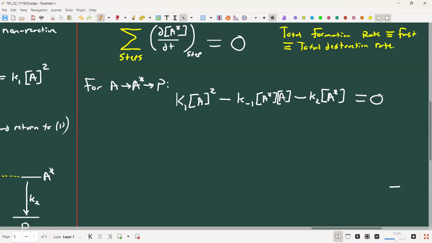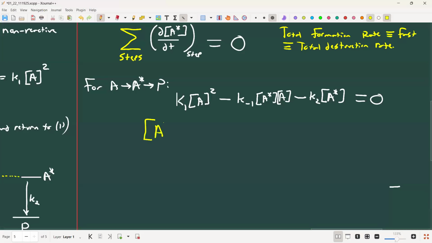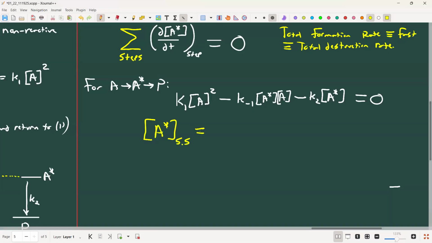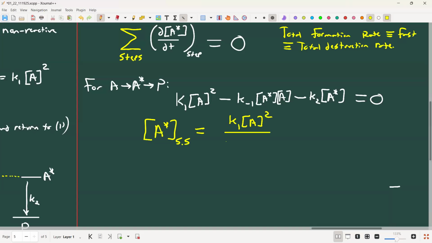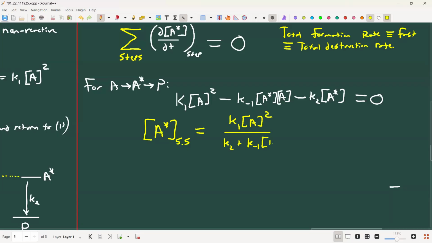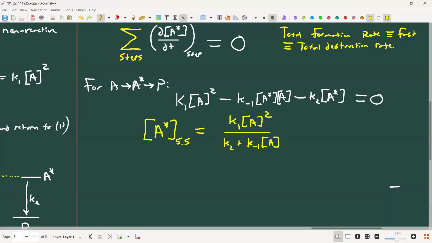Yeah, this is it. And so we could say that the steady state concentration of our intermediate is just solving this equation. We're left with K1 A squared over K2 plus K minus 1 A. What we get for solving this makes good physical sense, right?